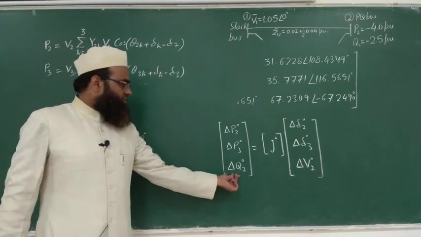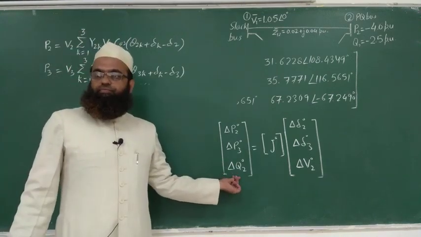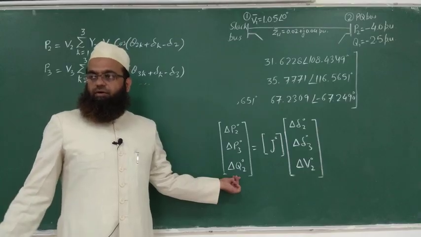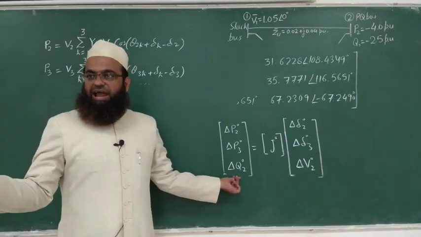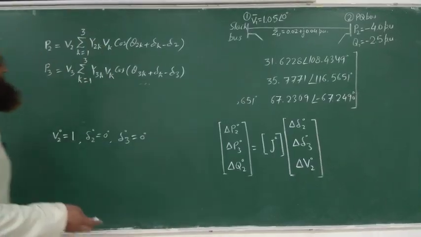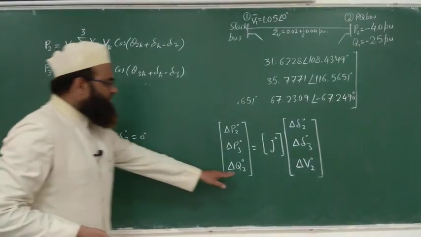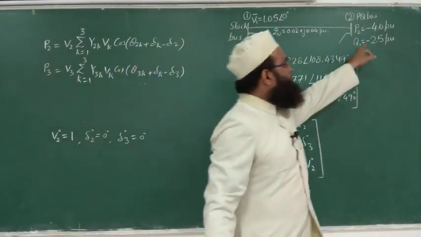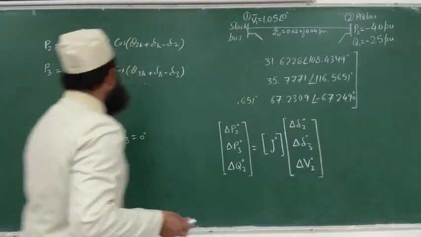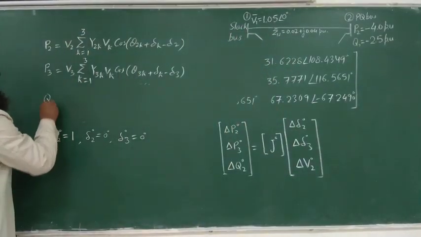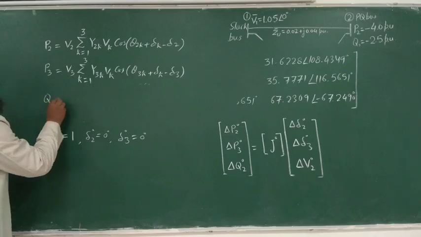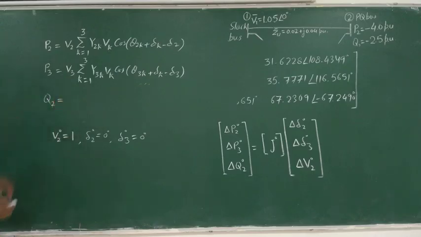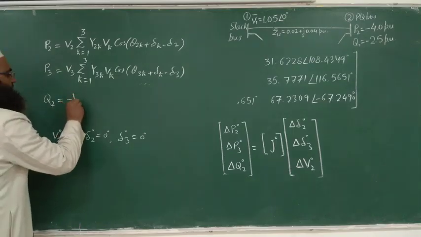So for that, you need to evaluate specified minus calculated. So first write the calculated values. Del Q2 will be again specified, this one Q2, minus calculated. That's why write the formula of Q2. So Q2 will be, here negative sign was there, right?